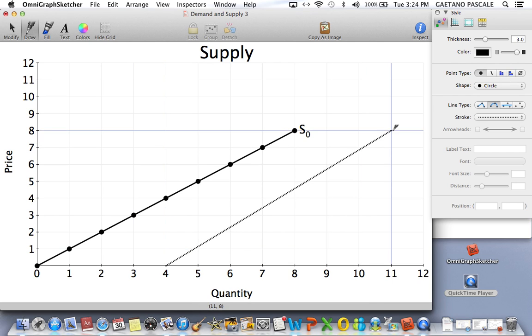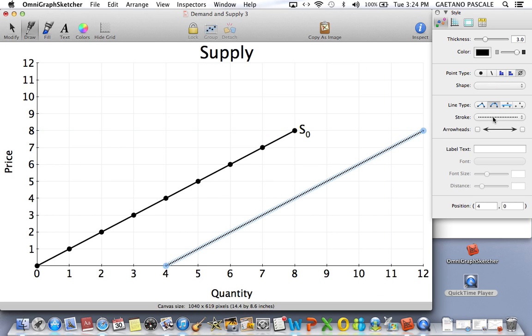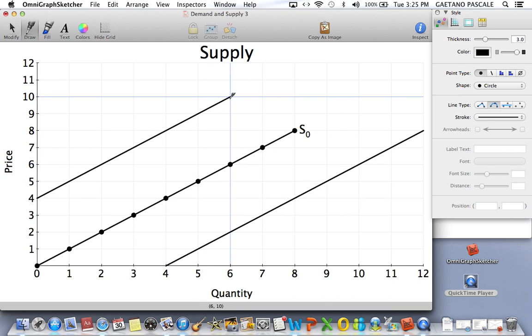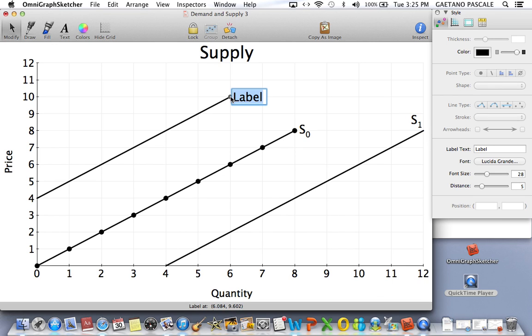Here is another supply curve, this is supply curve 1, and this is S2.